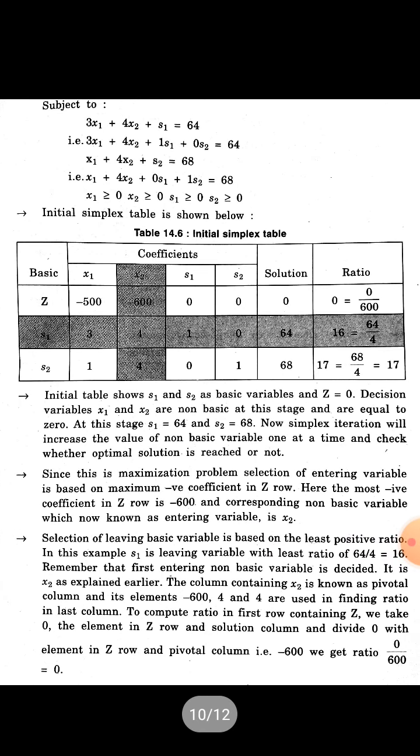Subject to 3x1 plus 4x2 plus s1 equals 64, like 3x1 plus 4x2 plus 1 s1 plus 0 s2 equals 64. Similarly, the other equation is x1 plus 4x2 plus s2 equals 68, like x1 plus 4x2 plus 0 s1 plus 1 s2 equals 68. Here x1, x2, s1 and s2 are all greater than or equal to 0.